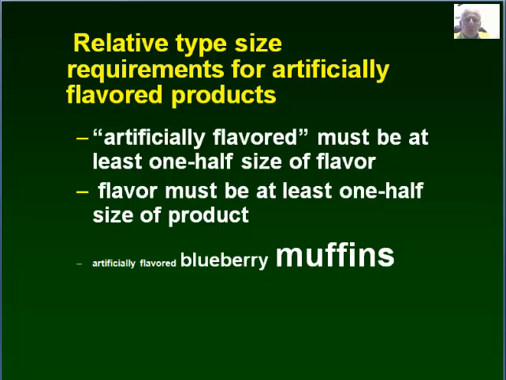And this is done so that it's easy to see by the consumer, although when you get down to artificial flavored being that much smaller than blueberries, sometimes it may not be that easy to see without spending some time really looking at the particular product.